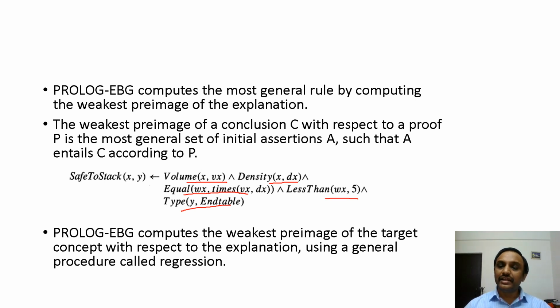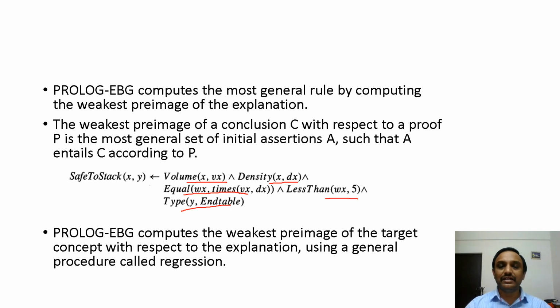These initial assertions entail the next conclusion. The weakest pre-image of the conclusion with respect to proof P is the most general set of initial assertions A such that A entails C according to that proof. Without A, it is not possible to get the final conclusion.